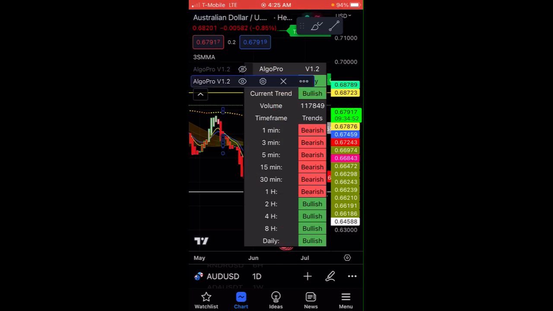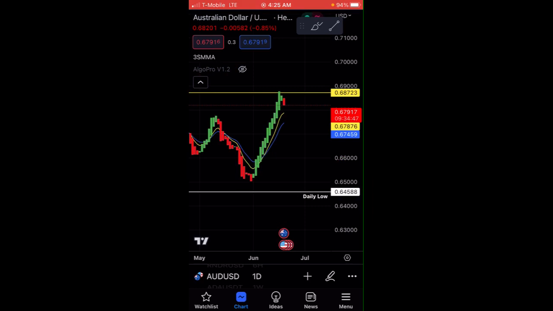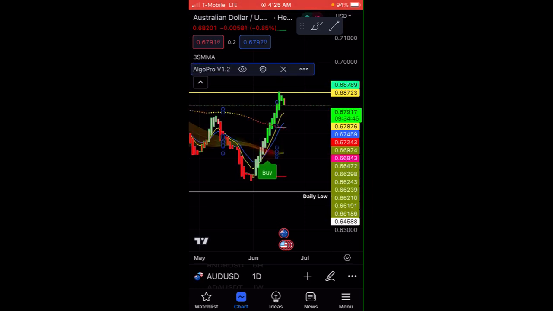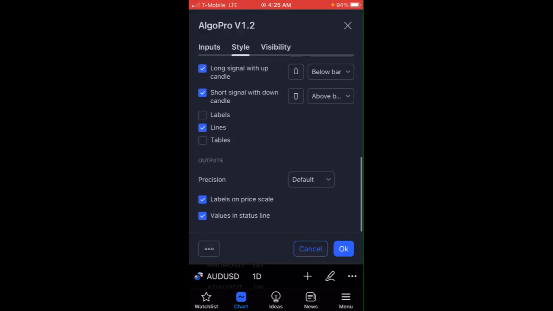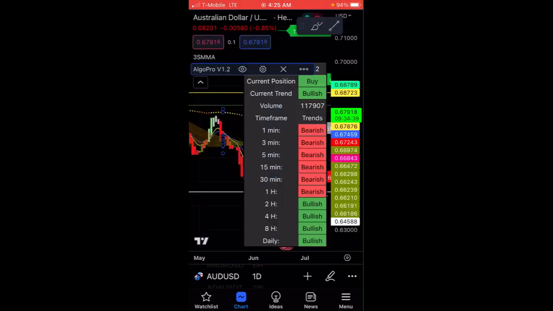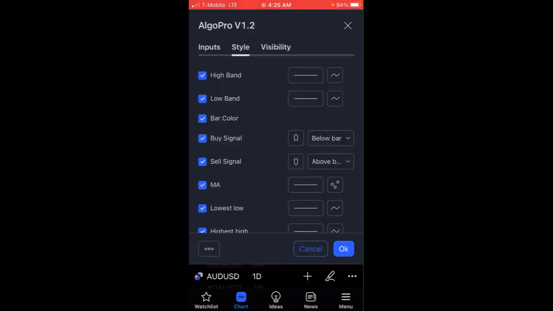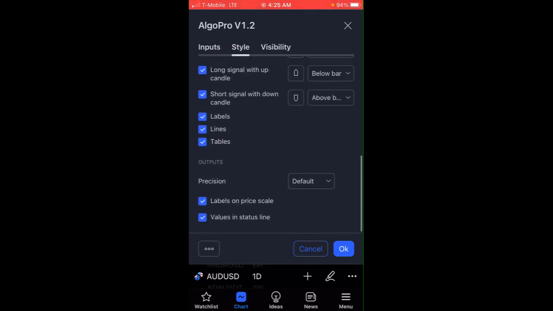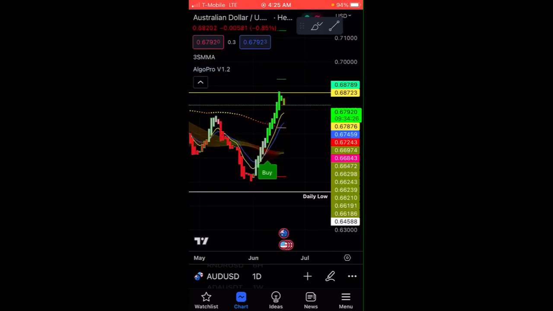But when you're using it on the phone, let's load that back up again. So what you basically want to do is check it off. It's going to look like this, but you're going to want to check them off if you're using a phone, because it gets cluttery and you won't be able to see anything. So I check off the tables at least and the labels, so I don't really need them.